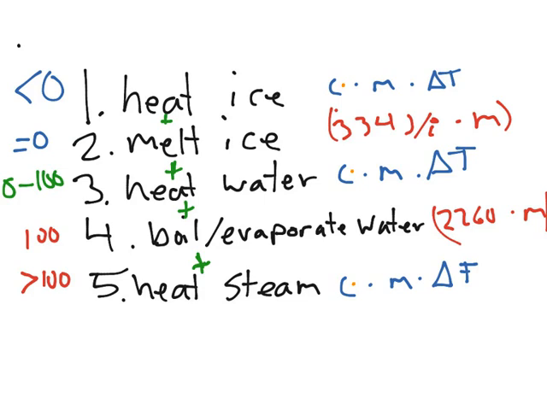So there's a lot of energy involved in melting and evaporating. That's actually where most of the energy is going to be if you do any melting of ice or evaporating. It doesn't take as much to change the temperature as it does to boil or melt it. Actually, freezing gives off as much energy as it takes to melt it, and condensing gives off as much as it takes to boil it.